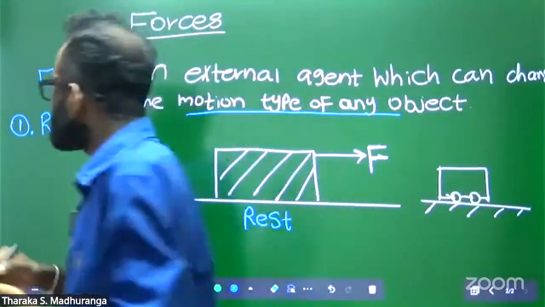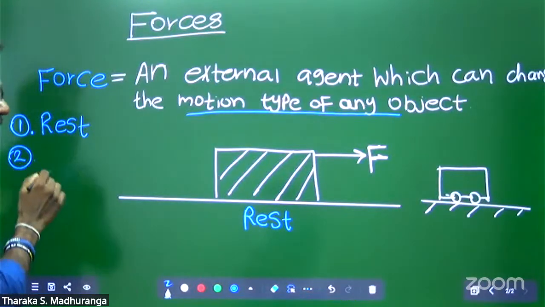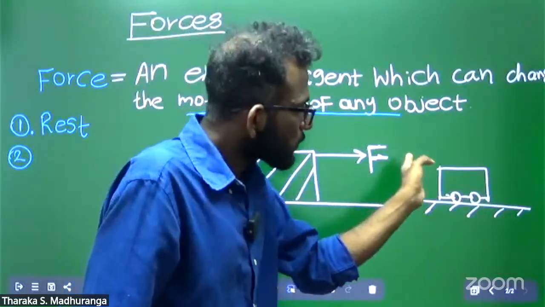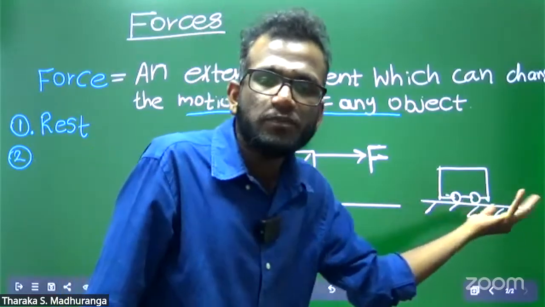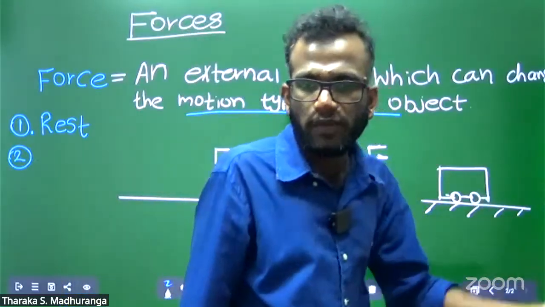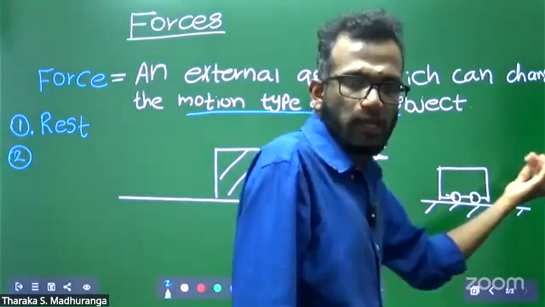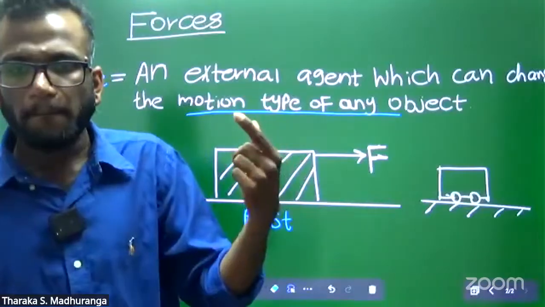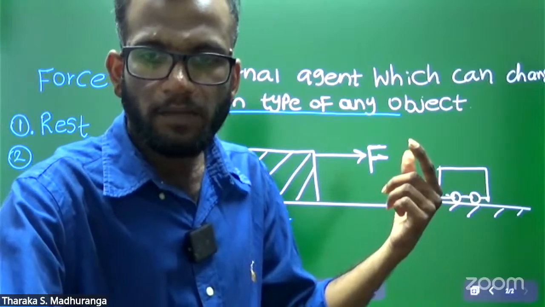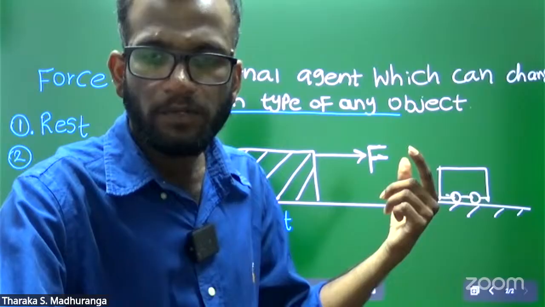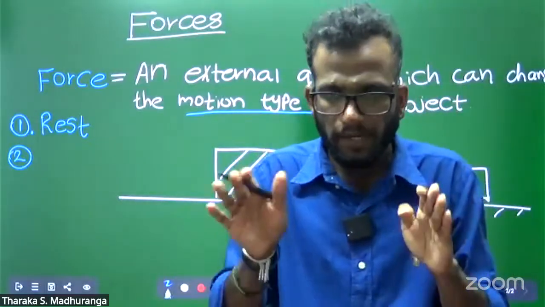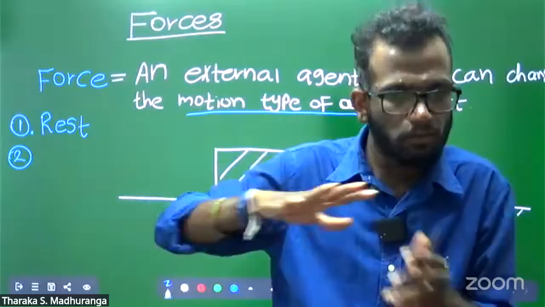What are the other motion types? Then the bus is starting and tries to move. Then what happened? With time, the bus speed is gradually increasing. Very good. The static means rest, the object is not moving.